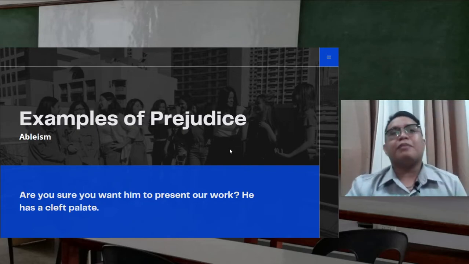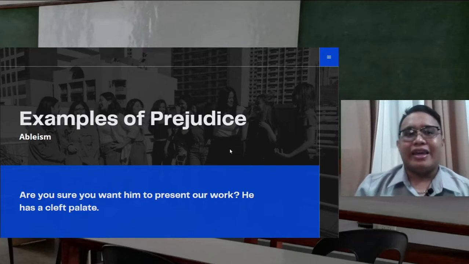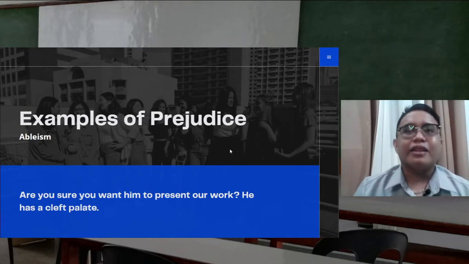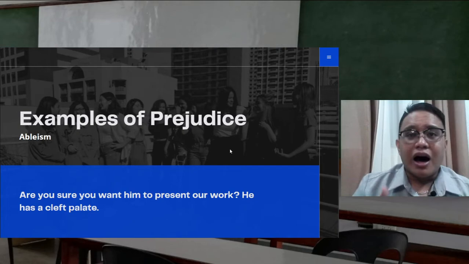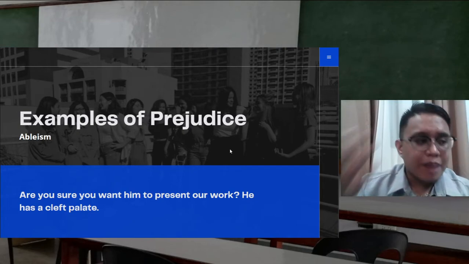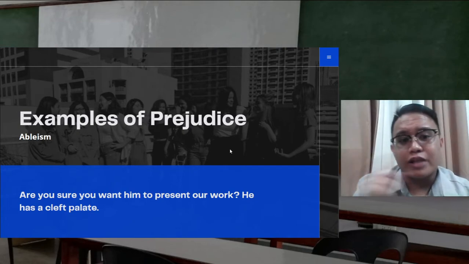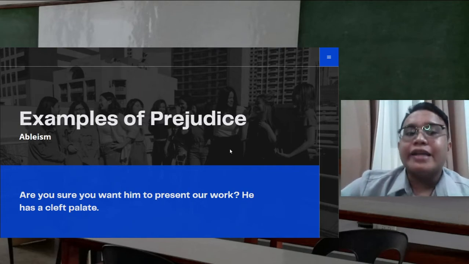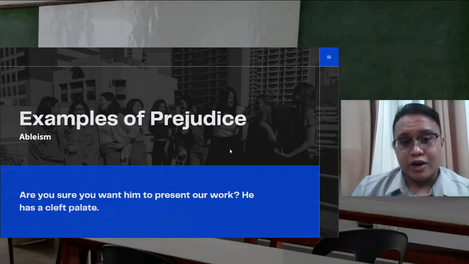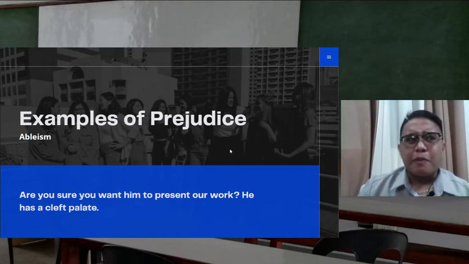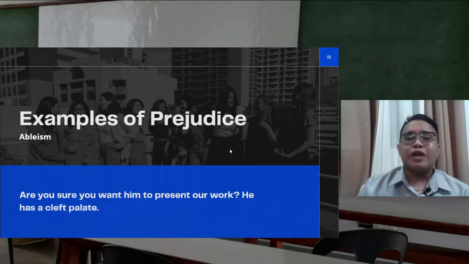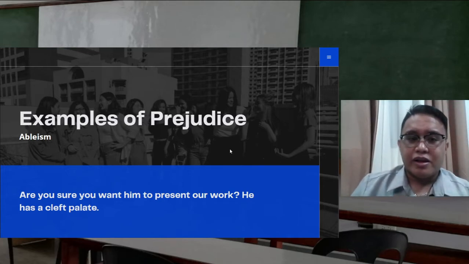Next, ableism. That means your ability. If you are disabled or you have an illness, people have a preconceived notion or idea about you. Let's say for example, are you sure you want him to present our work? He has a cleft palate. You will let him present even though he has a cleft palate? That is actually a prejudiced statement, with no actual backing.